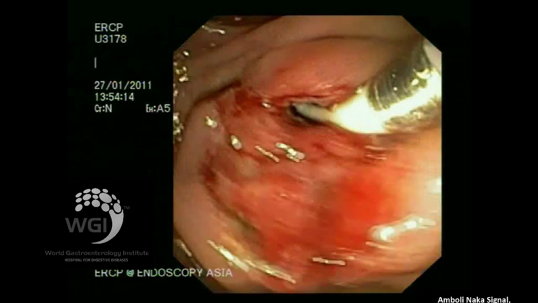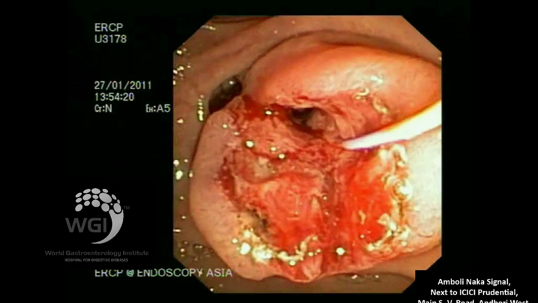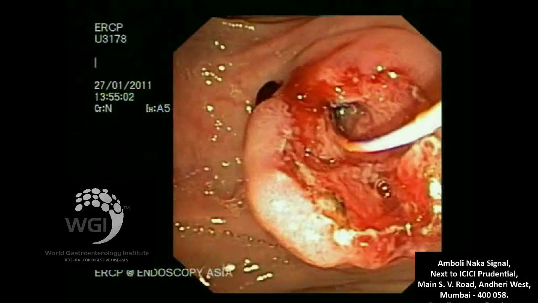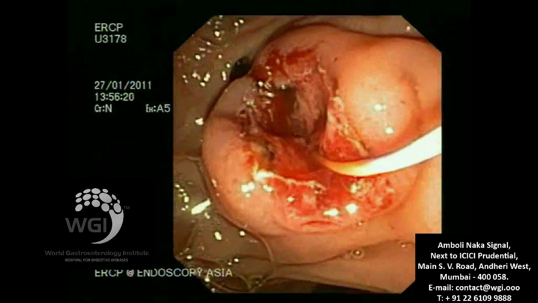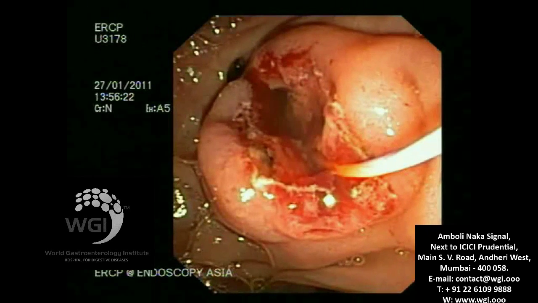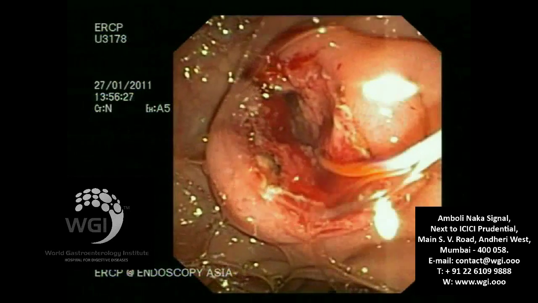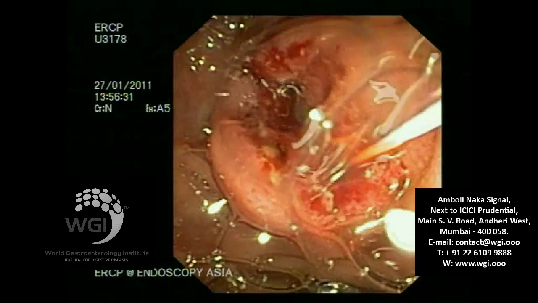So we prefer to leave a small stent till the gallbladder comes out, especially when the patient has undergone severe symptoms due to purulent cholangitis and pancreatitis. So it's our practice to leave a 7 French stent. We know that there is some amount of pus which has flown out.